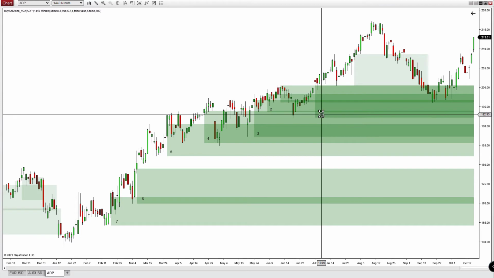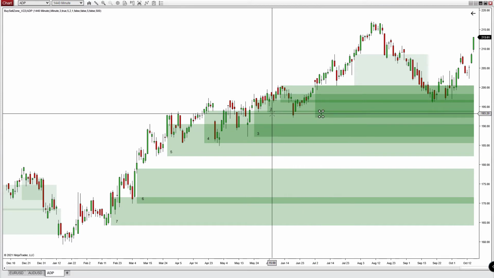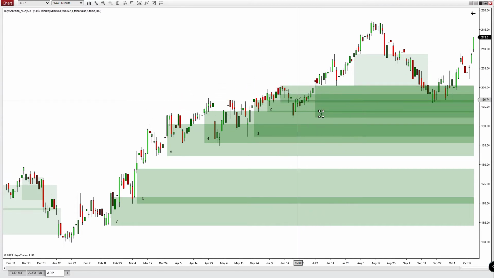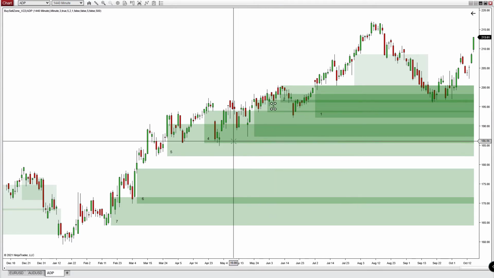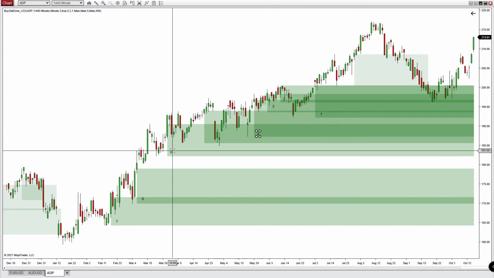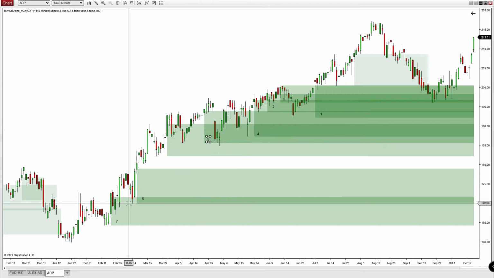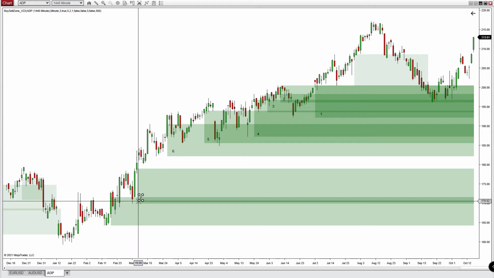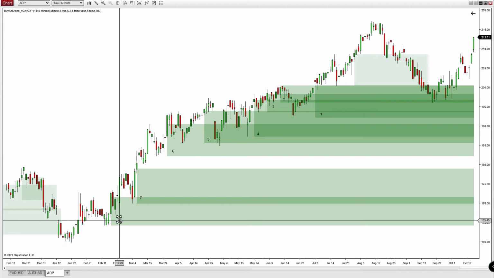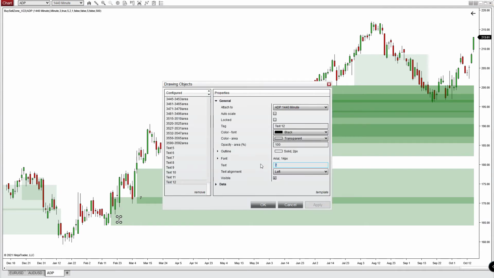All right. Now we have a zone 1 here. This zone was never taken out, so this is now our zone 2, 3, 4, 5, 6, 7, and 8.